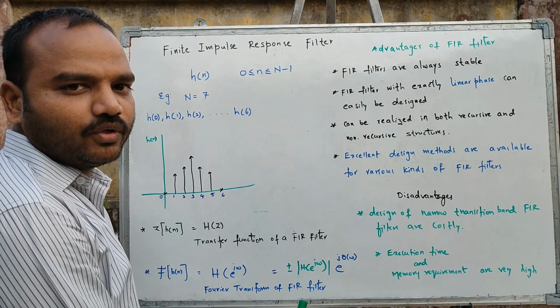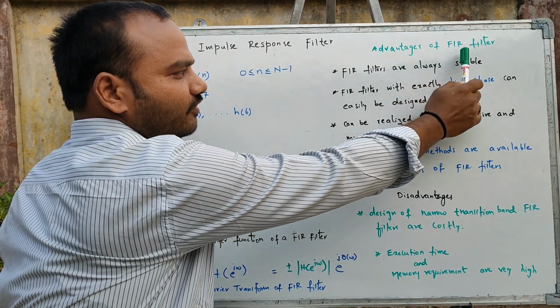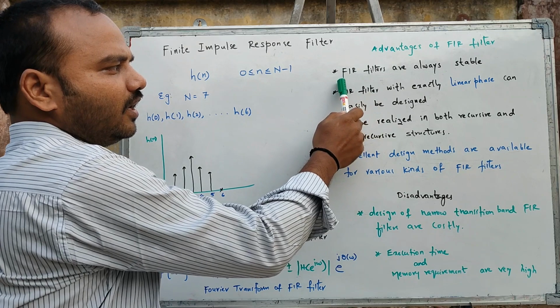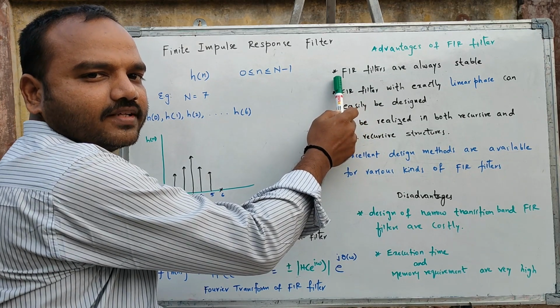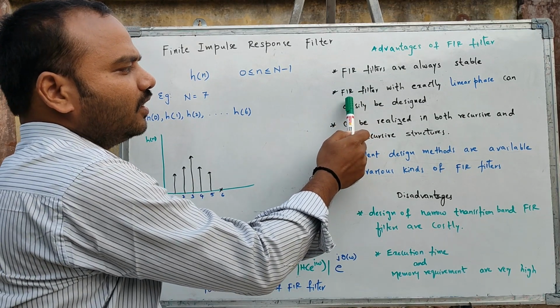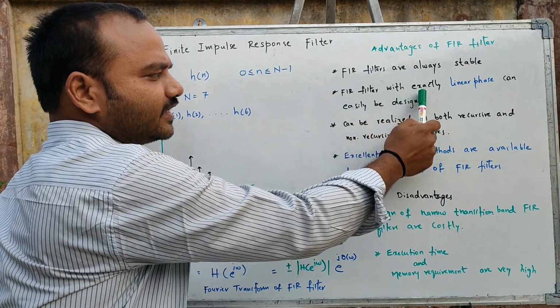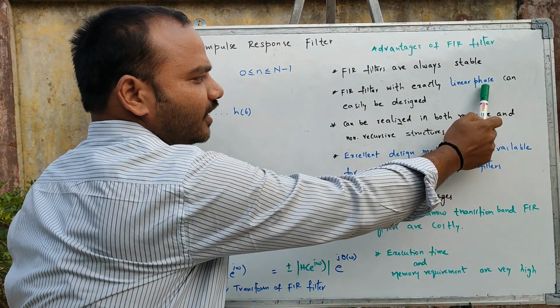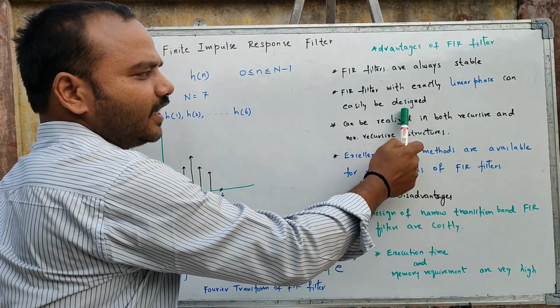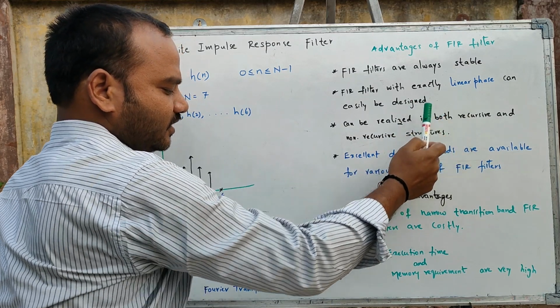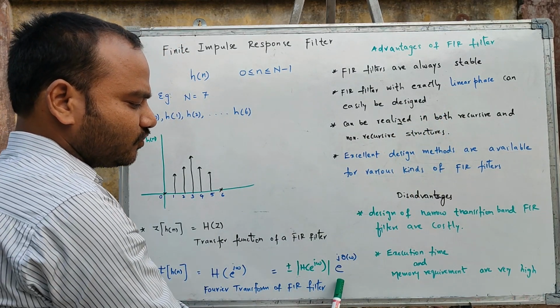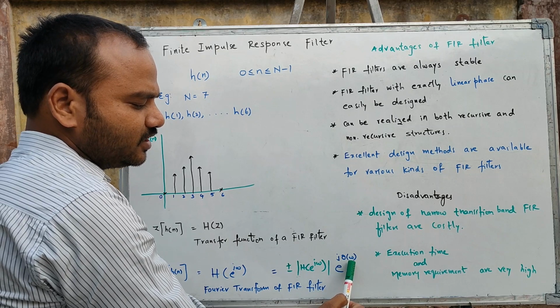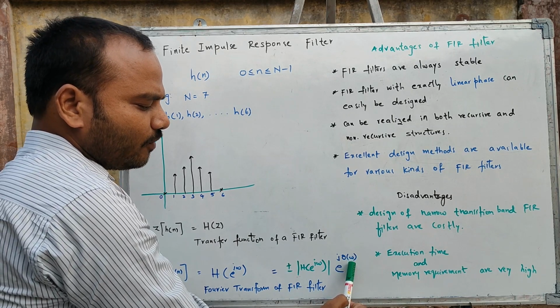Next, I will explain the advantages of FIR filters. FIR filters are always stable. FIR filters with exactly linear phase can easily be designed. Here in the Fourier transform is the magnitude, and here is the phase function theta of omega.